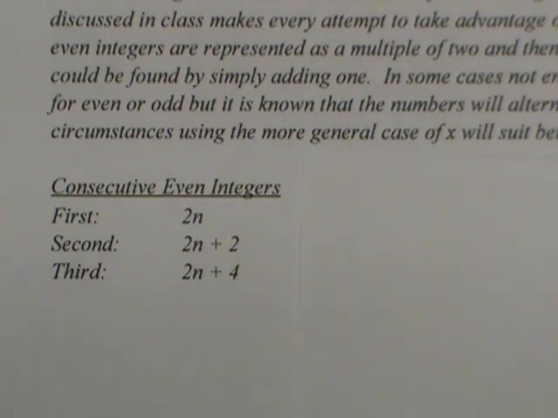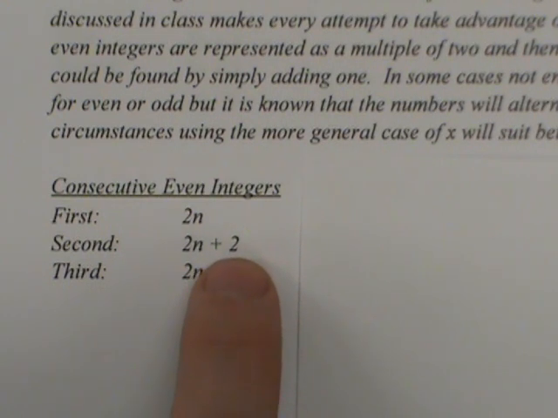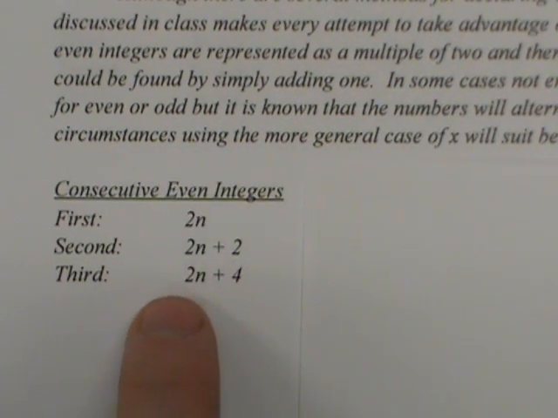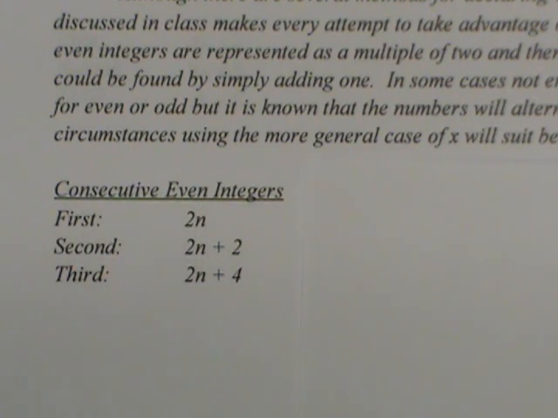And then you just continue this pattern of adding 2 for every additional integer. So I start with 2n. To find the next even integer, I add 2, so it's 2n plus 2. If I add 2 to this, it would be 2n plus 2 plus 2, which is simplified as 2n plus 4. That's how I represent even integers.